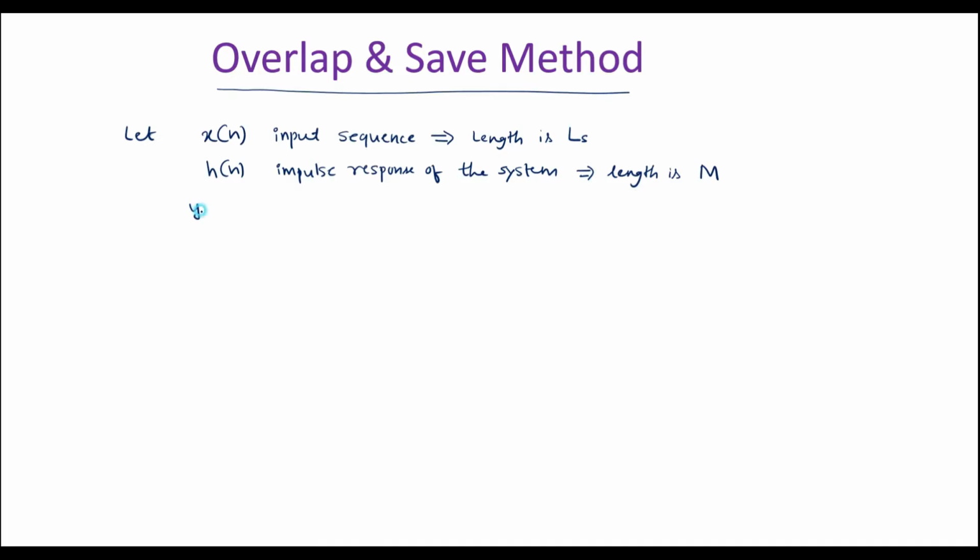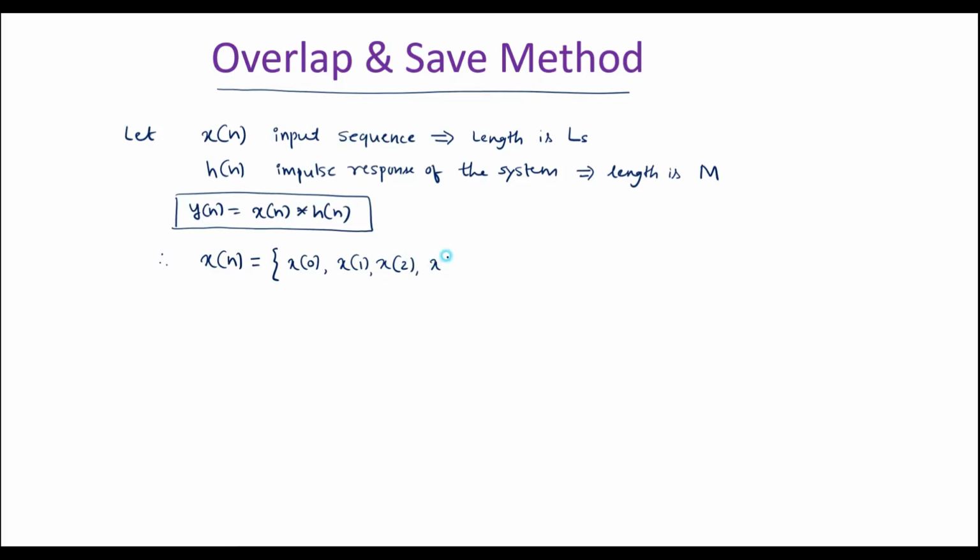So we know that y of n will be equal to x of n convolved with h of n. Here x of n is a long duration sequence. I will write the x of n sequence in general: x of 0, x of 1, x of 2, x of 3 and so on. The length of this is Ls.